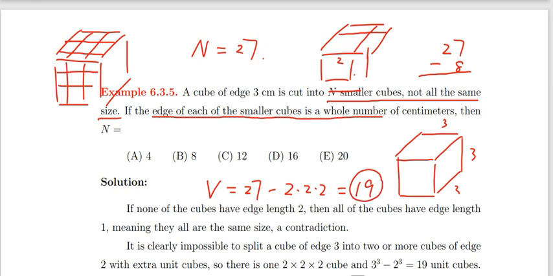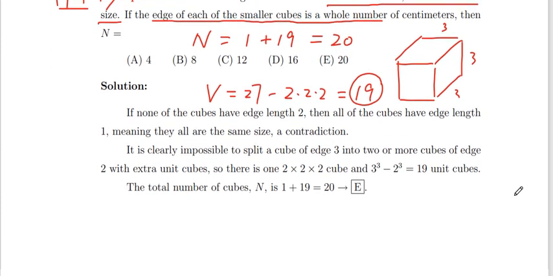For those 19, we can cut 19 cubes with side 1. So total n is 2 by 2 by 2 plus 19 cubes of 1 by 1 by 1, so totally we can get 20 of them, right?